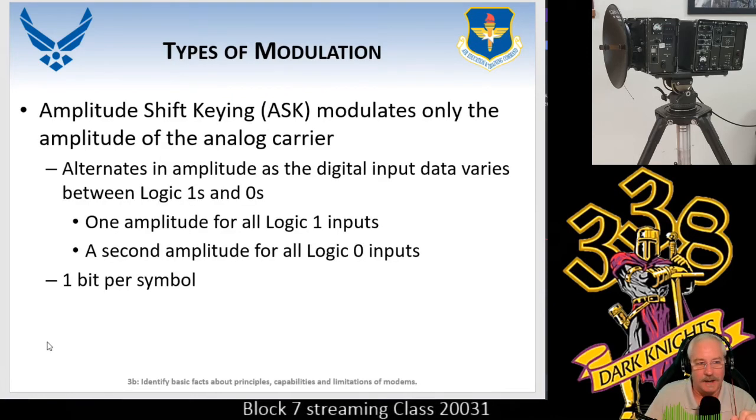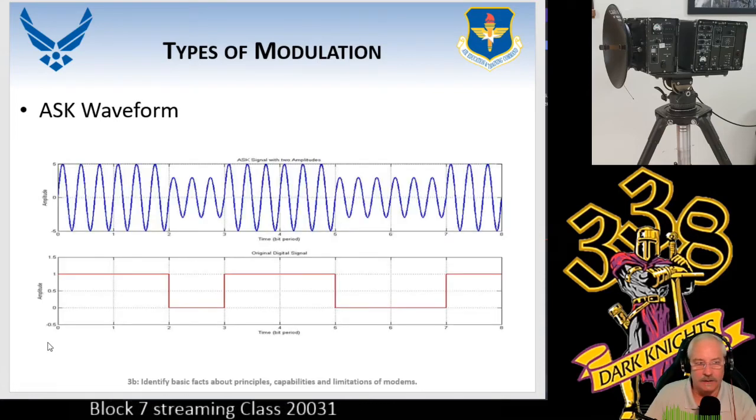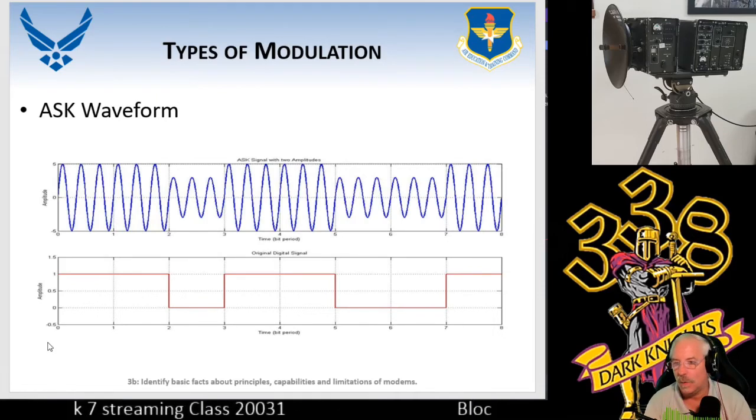Next up, we have amplitude shift keying. This is also 1 bit per symbol, and again, it's going to differentiate between what is a 1 and what's a 0. Again, let's take a look at the figure. You can see that anytime we have a 1, a higher number, you have a bigger amplitude. Anytime you see zeros, you have a lower amplitude.